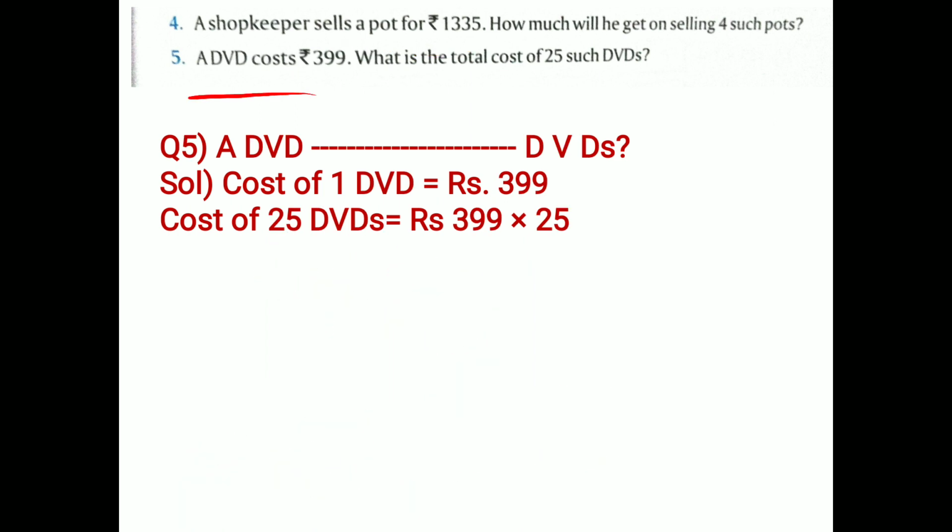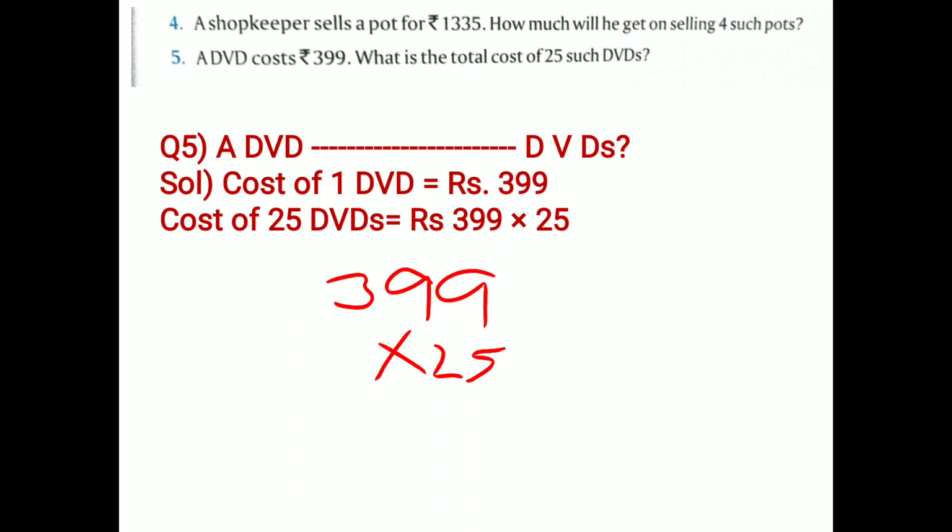There's a DVD cost given. So you write: cost of one DVD is rupees 399. You have to find the total cost of 25 DVDs. You write cost of 25 DVDs, then 399 you have to multiply by 25.